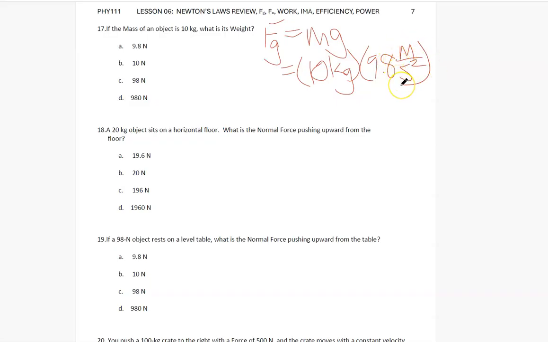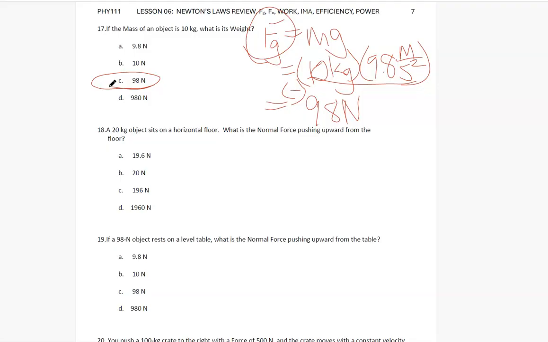Yes, technically it's negative. We're not going to worry about the negative for now. We multiply these together. We get 98, and the unit for weight is newtons. And if you want to remind yourself, it's in the downward direction, negative, but it's just asking for the weight. So it's 98 newtons for number 17.